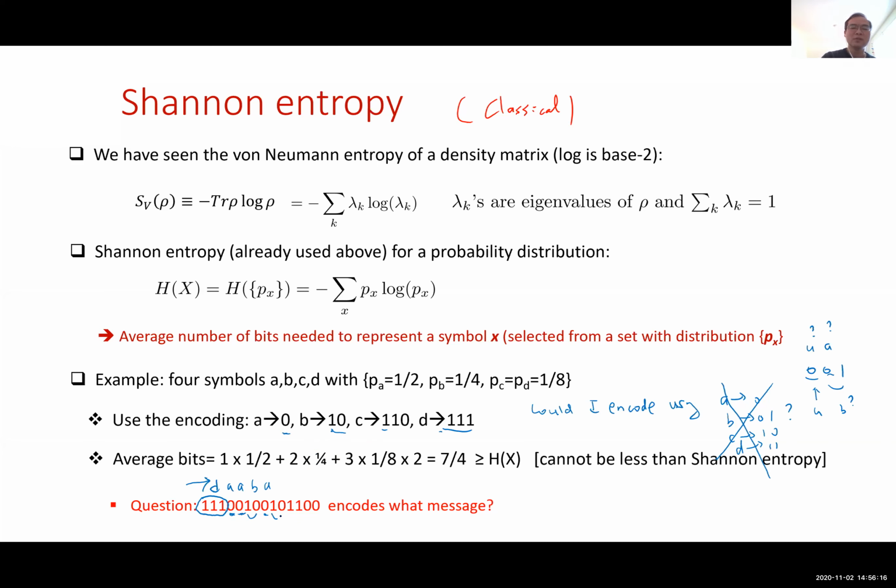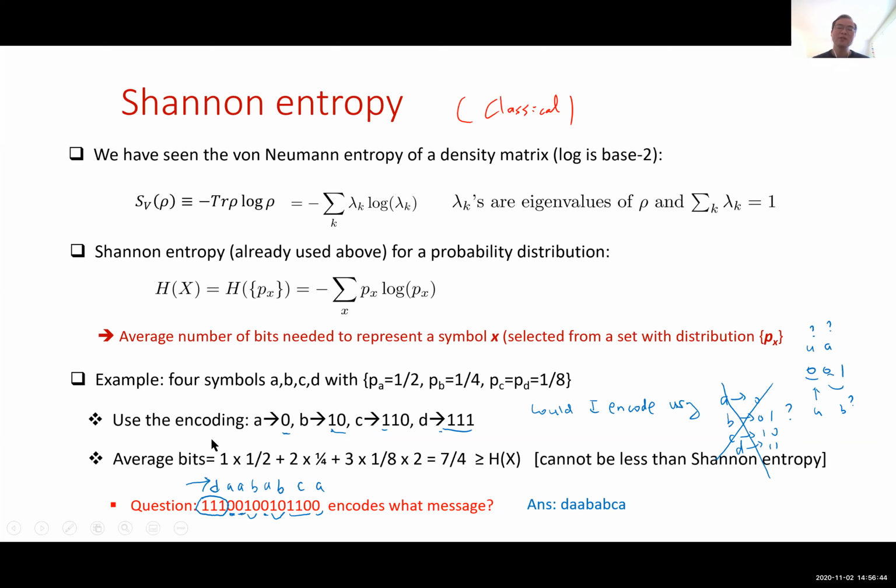But here's 1 0. So I can uniquely determine that this is B. And the next one will be 1 1 0. So I can interpret that uniquely as C, and this last 0 is A. Okay. So that should be the answer. Do you all get it right?